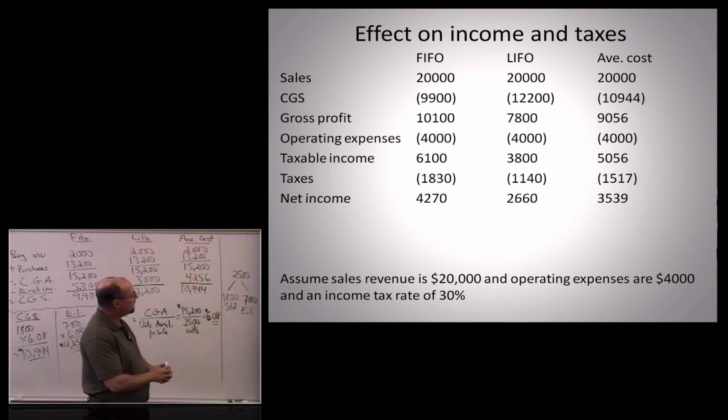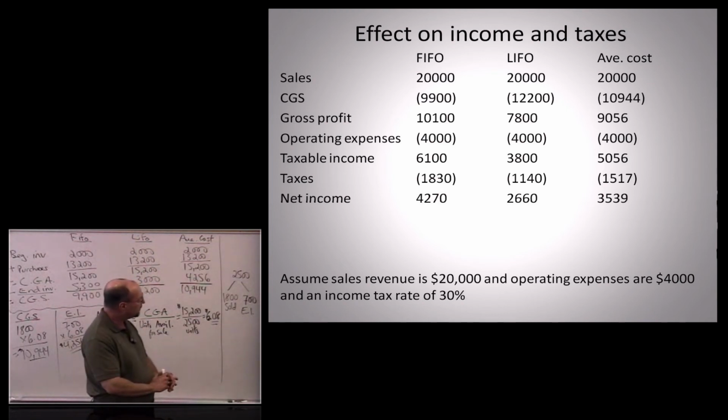If revenue is 20,000, cost of goods sold for FIFO 9,900, gross profit 10,100, minus operating expenses of 4,000 gives me taxable income of 6,100. I multiply 6,100 times 0.3, my 30% tax bracket, and taxes are 1,830, net income 4,270.